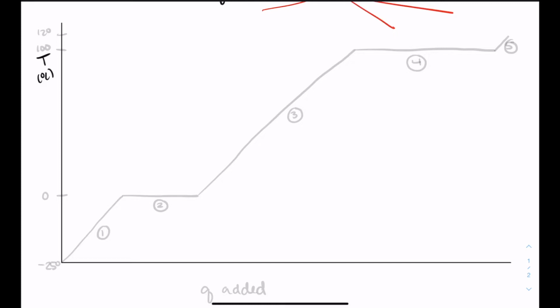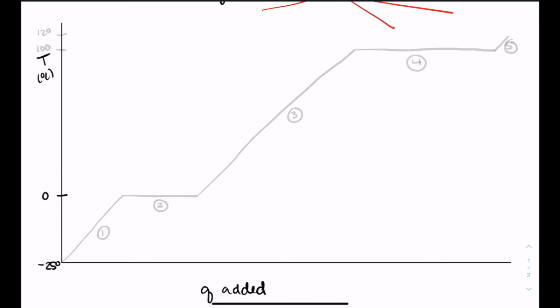So for water, if I want to go through this entire temperature range, when I start at negative 25 degrees, I have a solid, and I will have to warm that solid up to its melting point before I can melt it.